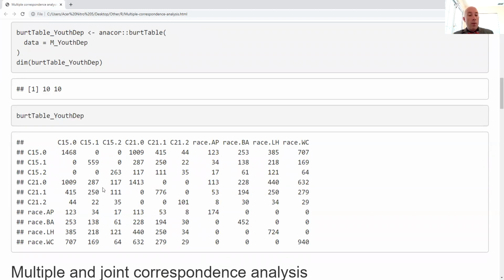Now when I look at a particular value, this is the number of times that an Asian Pacific subject responded 0 to C15. So we're going off of rows and columns. Now you'll notice if I go down here and look at Asian Pacific and C15, then I see the exact same value.